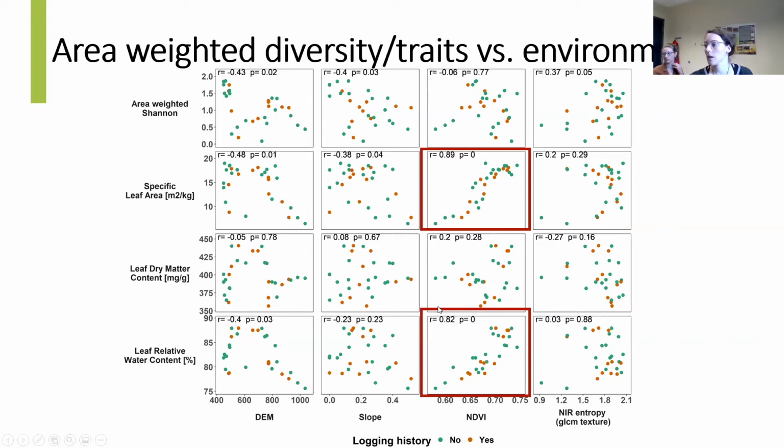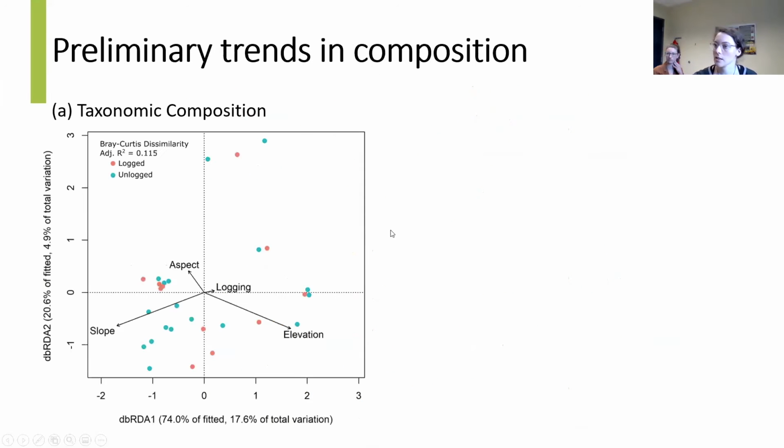Yeah, and Anna wanted to give you a short insight also on the ordination with the topography. Yep, so similar to the findings from the diversity, when we did a constrained ordination of the species composition, we can see that we have two environmental variables strongly explaining the dissimilarity: elevation as well as slope.